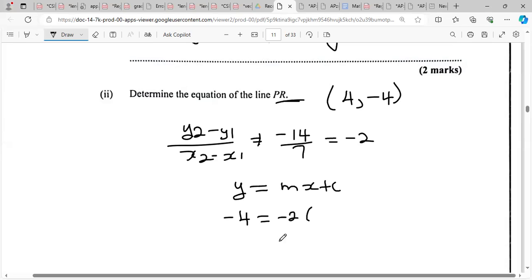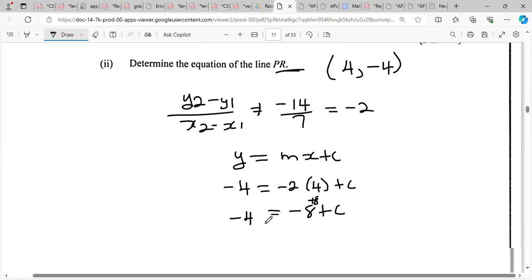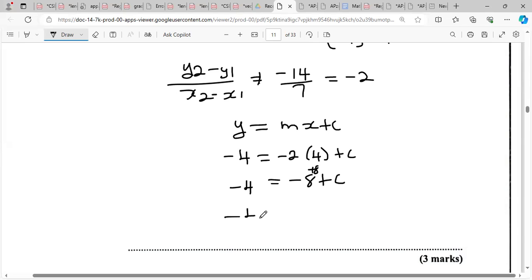Negative 2 times 4 is negative 8, plus c, equals negative 4. So when we transpose, we get plus 8. So c is negative 4 plus 8.